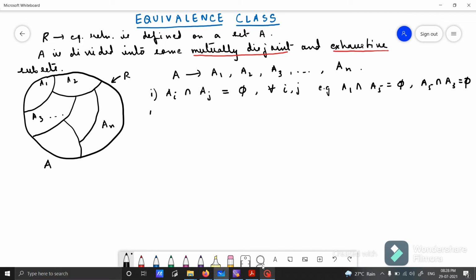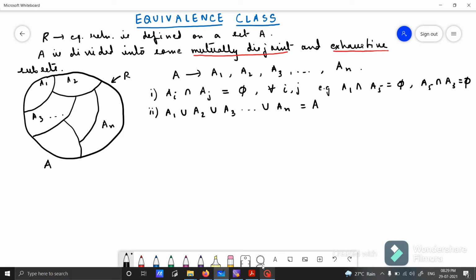And the second condition, exhaustive, means that if you take all the compartments, that is all these subsets, and take their union, then that will give you back the original set A. This is what we mean by mutually disjoint and exhaustive.